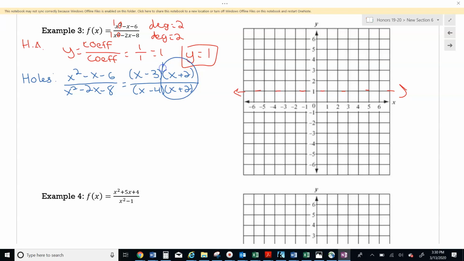They both have this x plus 2. So x equals negative 2 is where our hole is going to be.